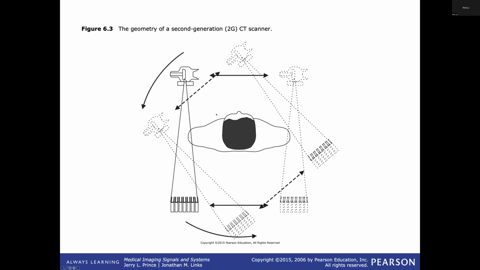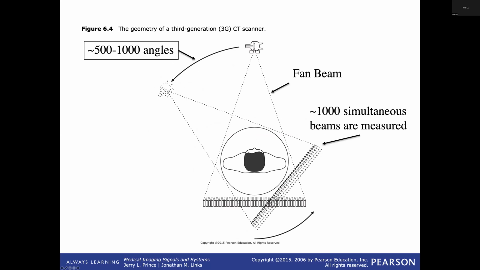So jumping ahead, we can say, well, if we want to speed up by, say, a factor of 5, we could have 5 detectors, and just raster across more quickly, right? These are called generations. You don't need to know these, though. And then if we make a cone, or this is actually called a fan beam of X-rays, that fan beam covers the entire patient in one shot.